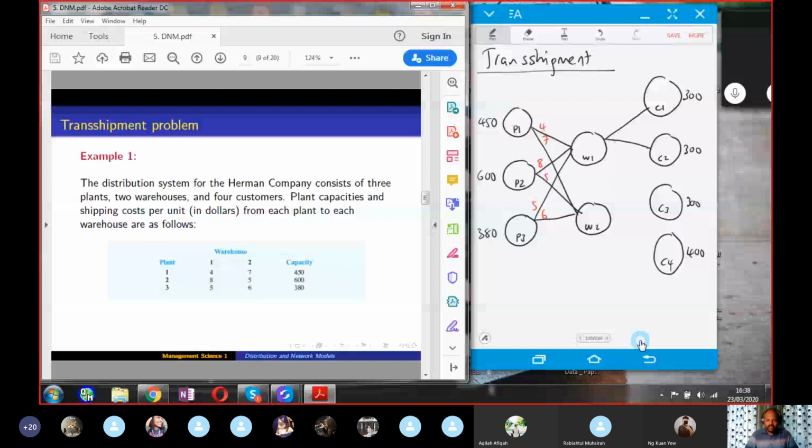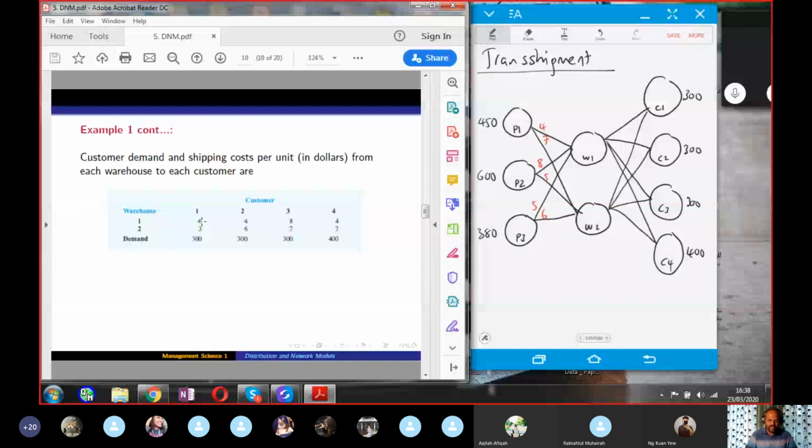And whenever you distribute from warehouse to customer, there is some cost. You can see here 6, 4, 8, 4. That one comes here. Another one is 3, 6, 7, 7. These are the costs from warehouse to customer.